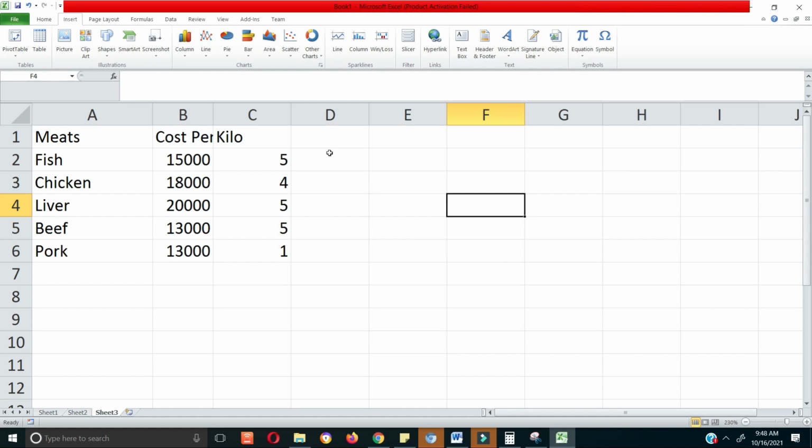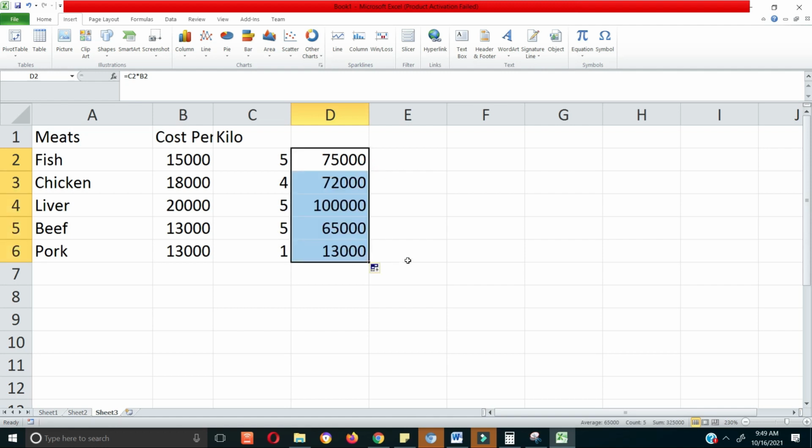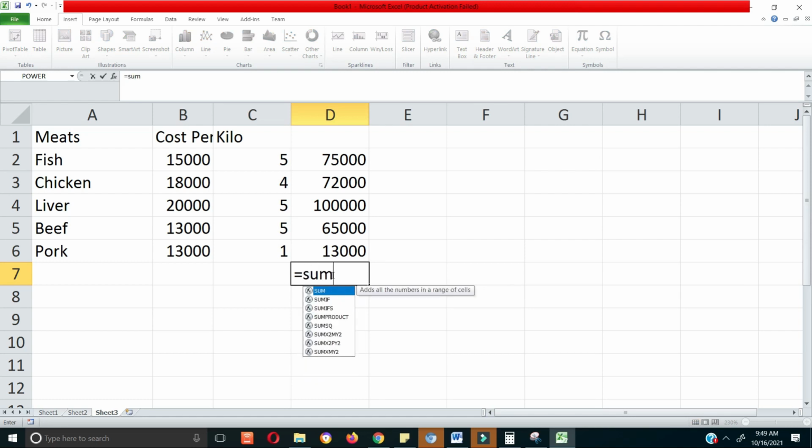So here we go. If I want to get the mean here, we simply multiply this by that. So you're going to get the total cost overall, then divide by the total weight. So this is going to be the grouped average.